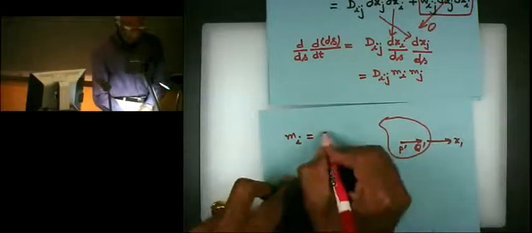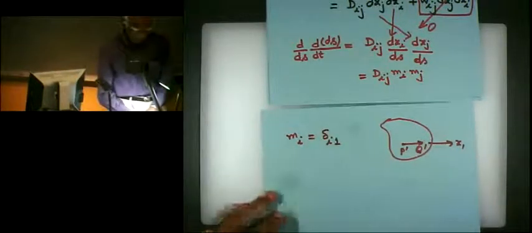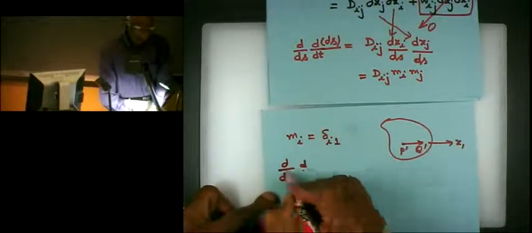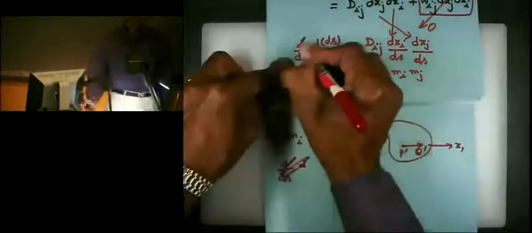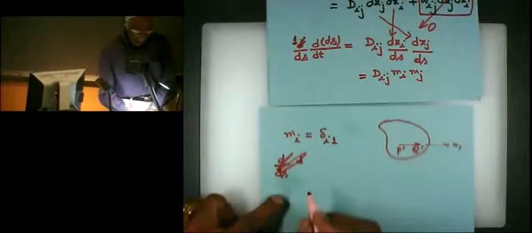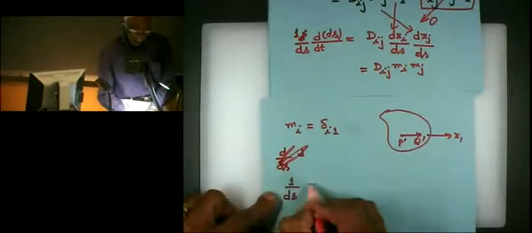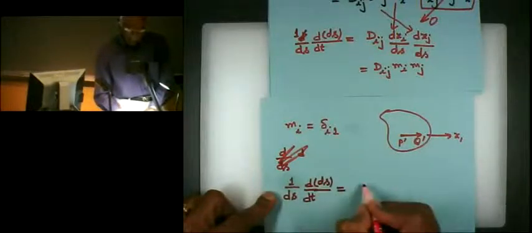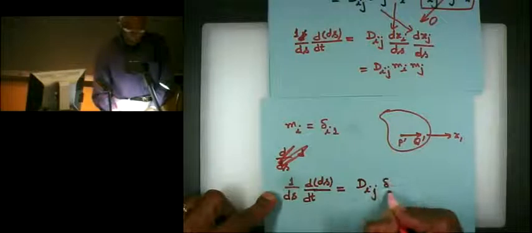Delta i1, or delta 1i, whichever you like. So, sorry, this was 1 over ds, not d over ds. I goofed when I wrote it. So we have 1 over ds, d over dt of ds equals Dij delta i1 delta j1.